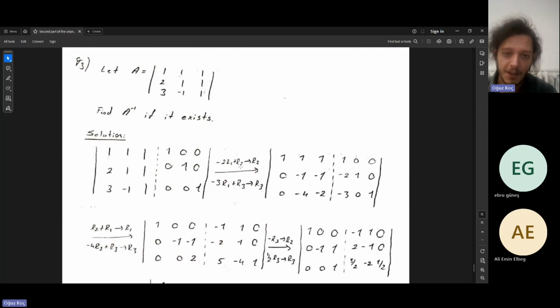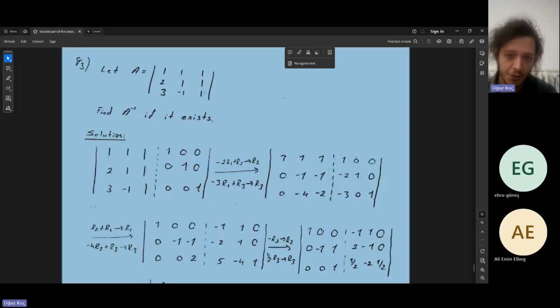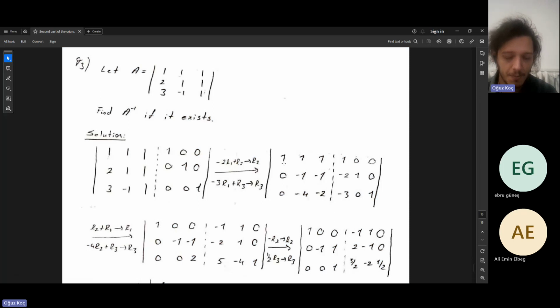For that, we subtract 2 times the first row from the second row, and we get 0, -1, -1, and then we subtract 3 times R1 from row 3, and then we get 0, -4, and -2 here. We already get the first zeros in our first column. We step by step approach the identity matrix here.